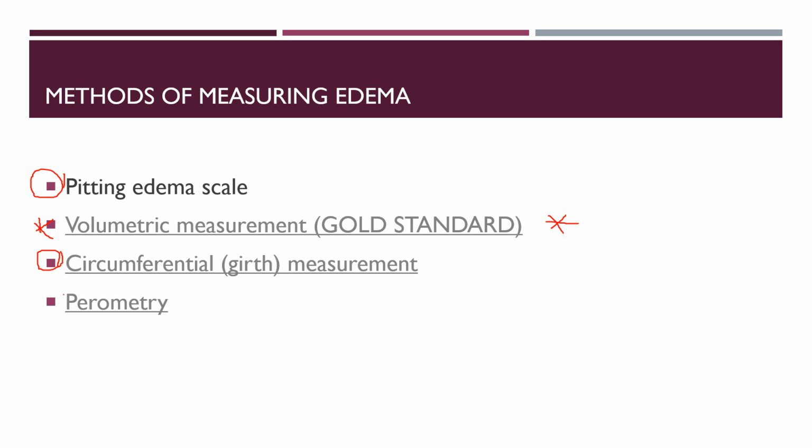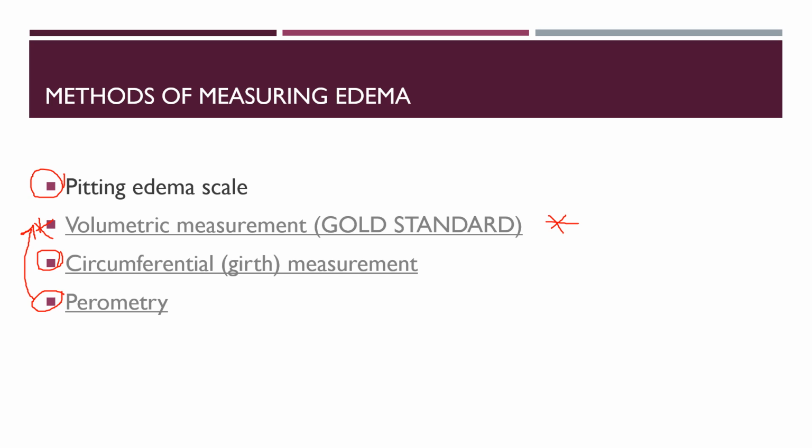And then the other one that I find pretty cool, and I think may, don't quote me on this, may kind of take the place of this volumetric measurement is pyrometry. So this uses infrared light lasers to scan the limb, and it gives you a pretty good understanding of the volume change, that volumetric change.